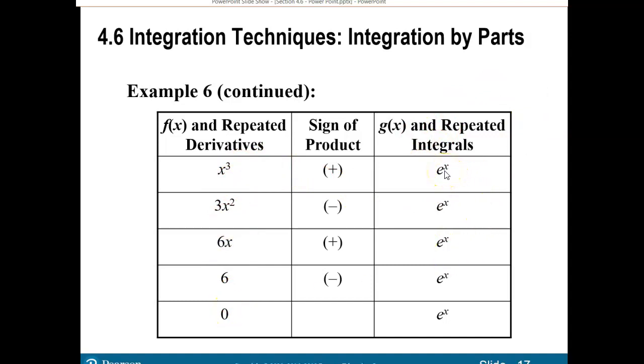So if you had e to the x as your dv, the antiderivative is itself, the antiderivative is itself, the antiderivative is itself, the antiderivative is itself. You do this the same number of times.